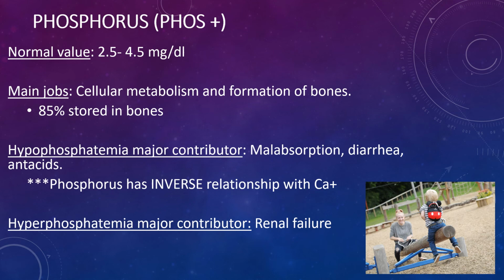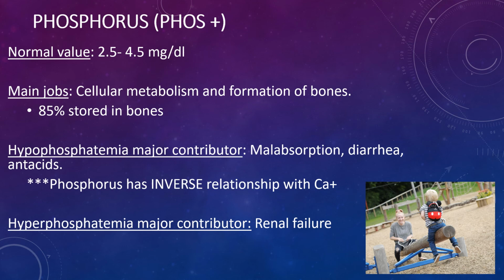A lot of folks that have gastric bypass, or they have part of their intestine removed, are not going to absorb nutrients like they should. Diarrhea and antacids. But what I want you to really take away from this is that phosphorus has an inverse relationship with calcium. So anything that makes calcium go up is going to drop the phosphorus level.